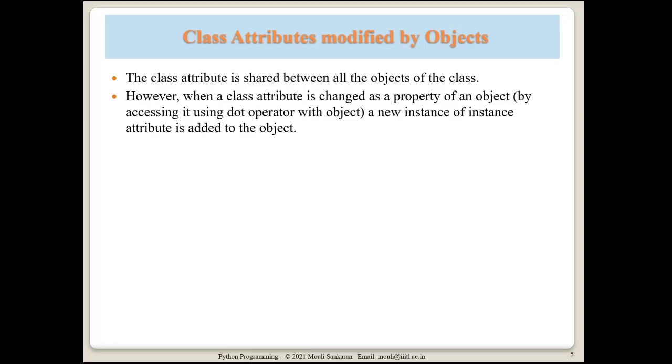The searching happens from the object scope first and then to the class scope. So by accessing it using the dot operator with the object, a new instance attribute is added to the object. That's why yesterday, if you have seen, we saw a black, brown, or dark brown. Okay, I will give you an example.